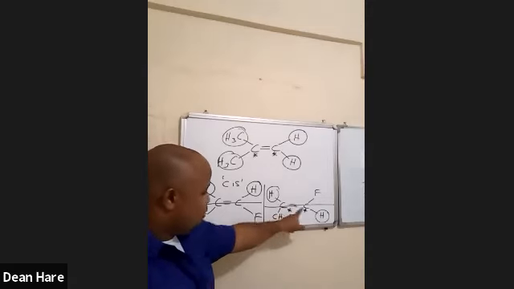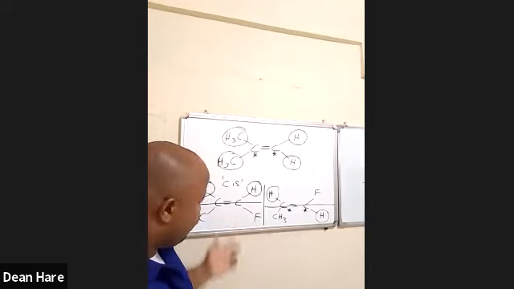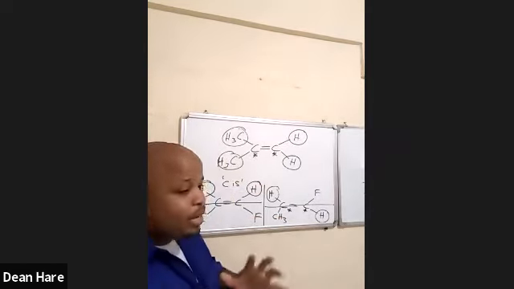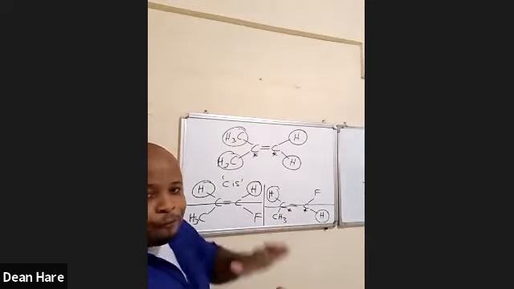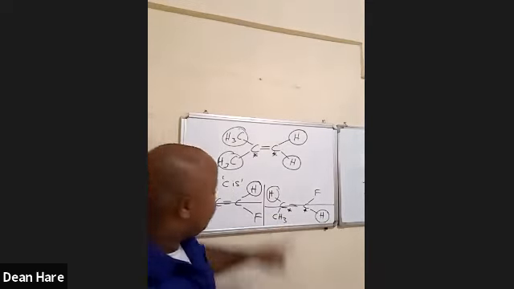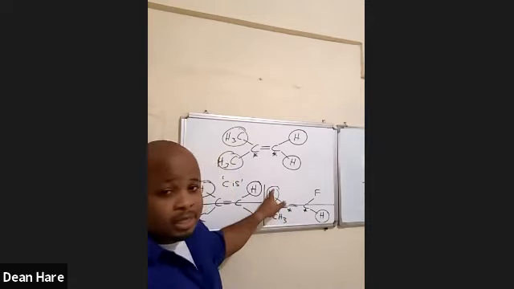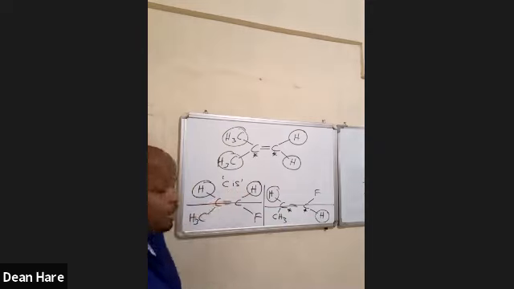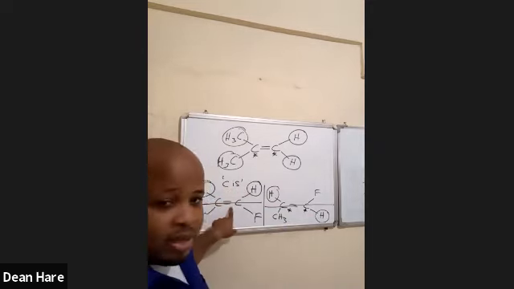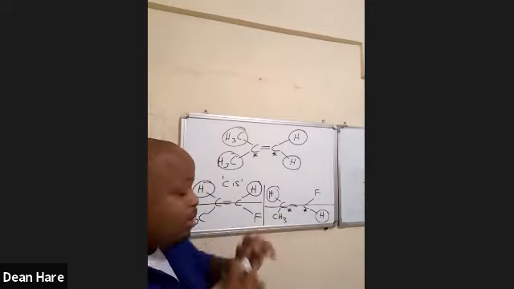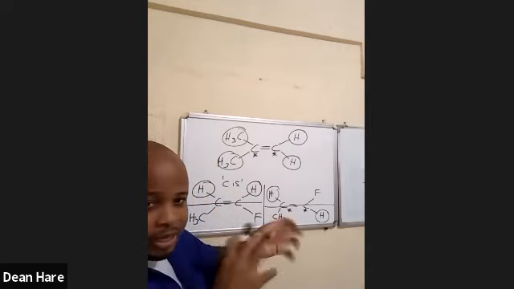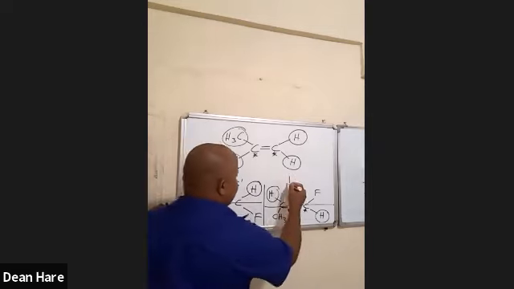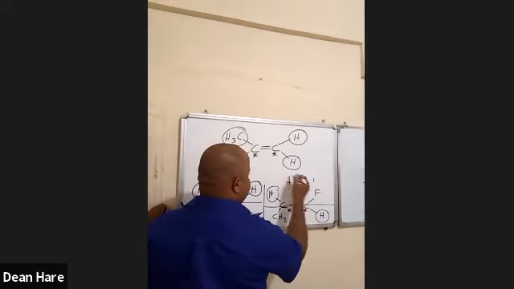So once they have a group in common, in one form of the isomer, they can be on opposite sides. And then in the next isomer, they can be on the same side. And because the double bond will not allow the carbon atoms to rotate, cis will stay as cis, and trans will stay as trans.